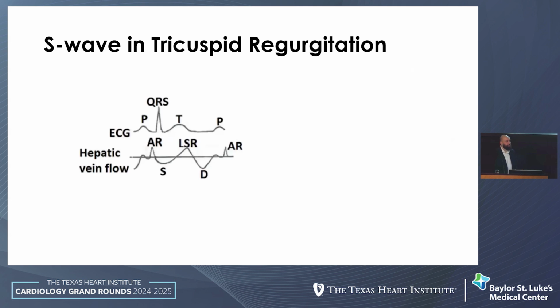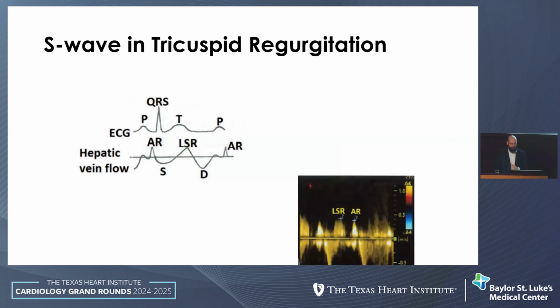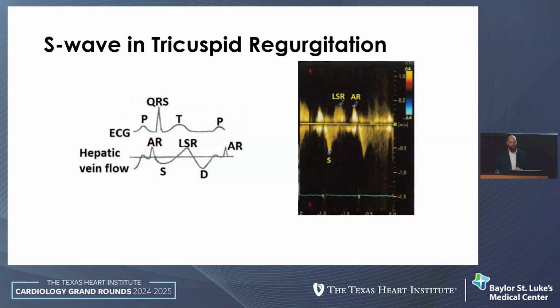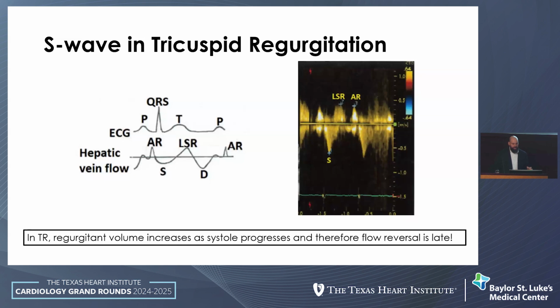So for example, when it comes to tricuspid regurgitation, we're talking about valvular insufficiency. And so when the RV contracts, as systole progresses, you're going to have a late systolic flow reversal. And here's an example of LSR, or late systolic reversal.